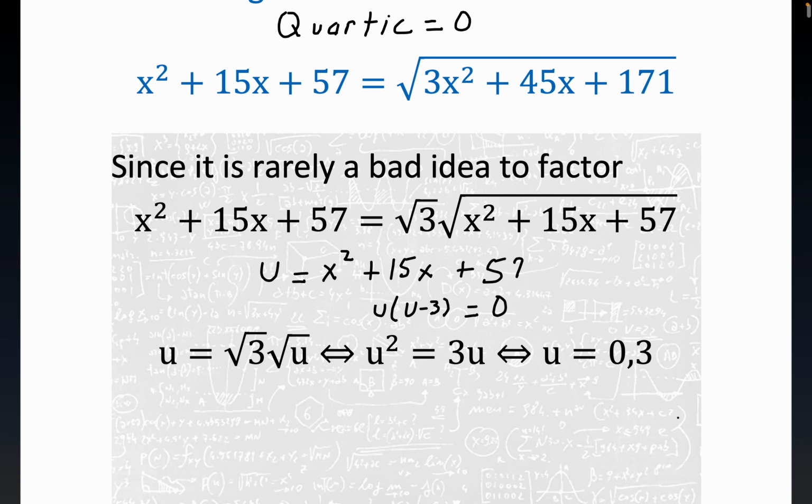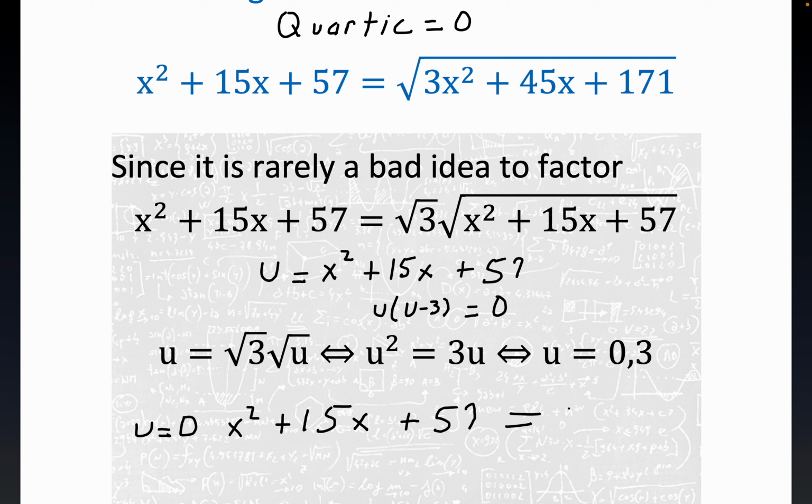Remember, u is equal to this object. So for the case u equals 0, we get x squared plus 15x plus 57 equals 0. It's just a trivial statement.